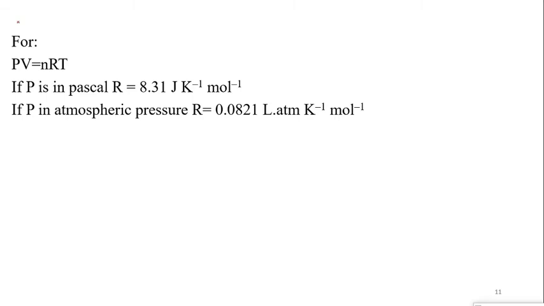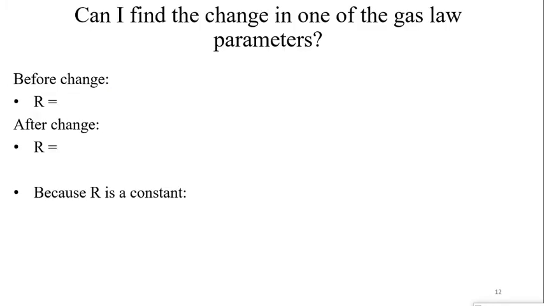I have to remember one thing: when the value of P is in atmospheric pressure, my R is equal to 0.0821 liter atmosphere per Kelvin per mole. But if I have my pressure in Pascal, this will make my R value equal to 8.31 joule per Kelvin per mole.